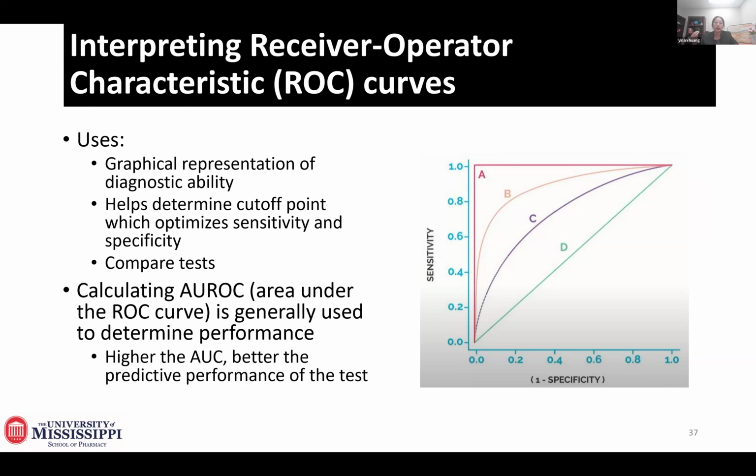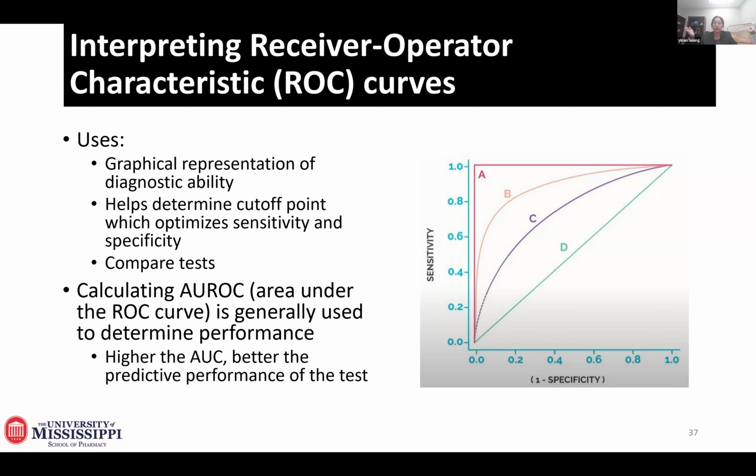It helps determine the cutoff point which optimizes sensitivity and specificity, and can help us compare tests. For example, on your right-hand side, you have four diagnostic tools: testing A, testing B, testing C, and testing D. Each has its own ROC curve.